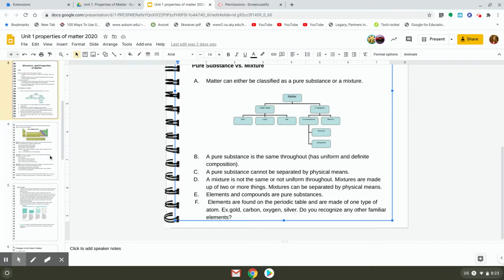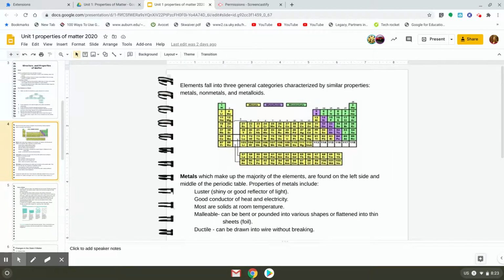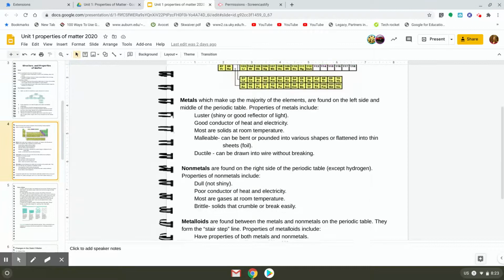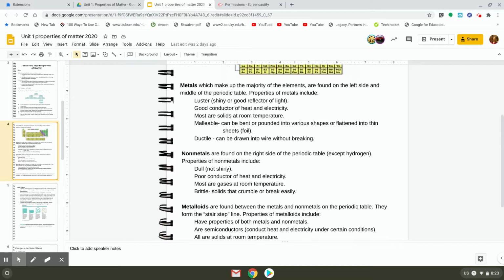Next page. This lovely periodic table of elements. You need to know the difference between metals, nonmetals, and metalloids. Okay?